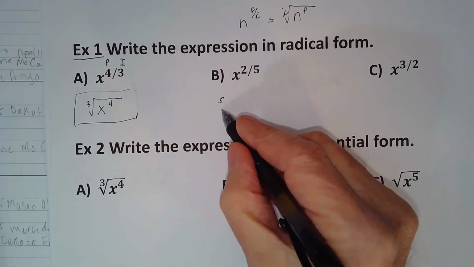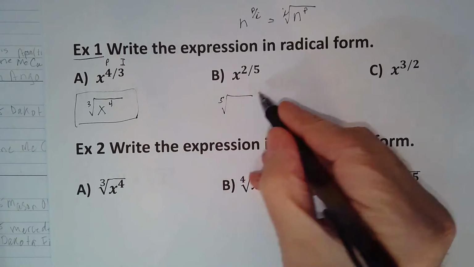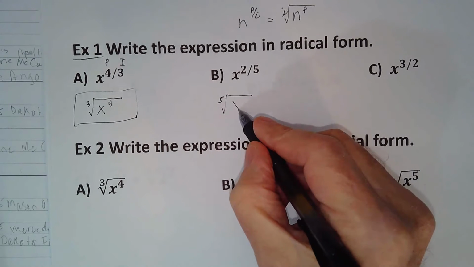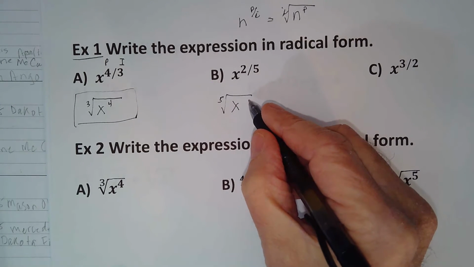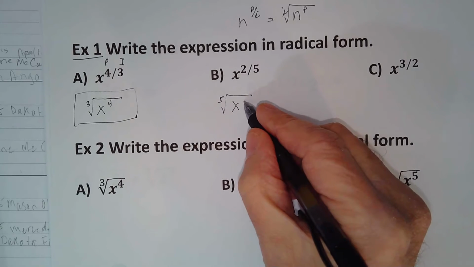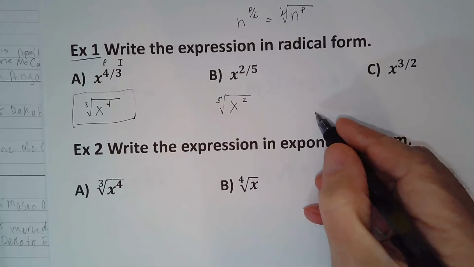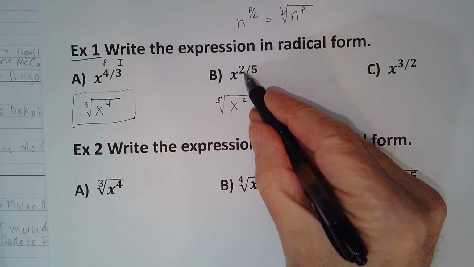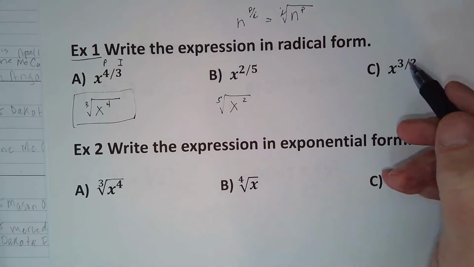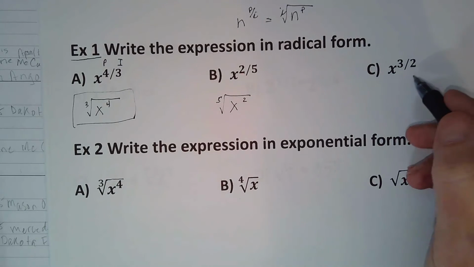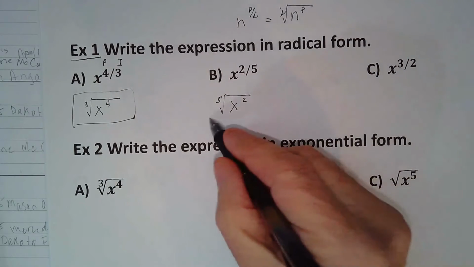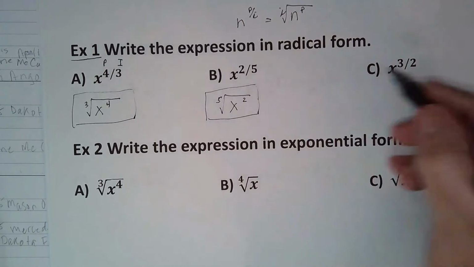Okay, so I'm going to have the 5th root of x and the power. Okay, because this is power over the index. Okay, so you have to realize you're switching those around like that. All right, third one, and again, perfectly acceptable answer.